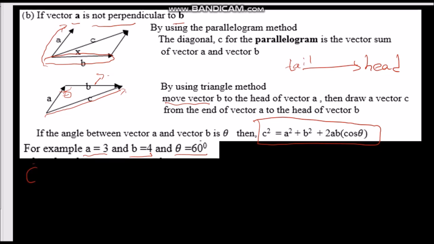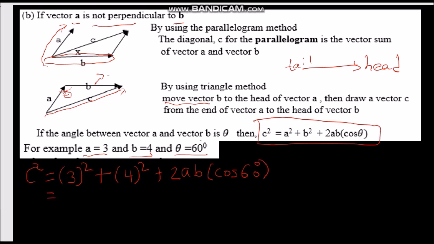C square is equal to, what is the value of A? A is 3 the whole square, plus B square, the value of B is equal to 4 the whole square, plus twice of A times B times cos theta, 60 degrees.